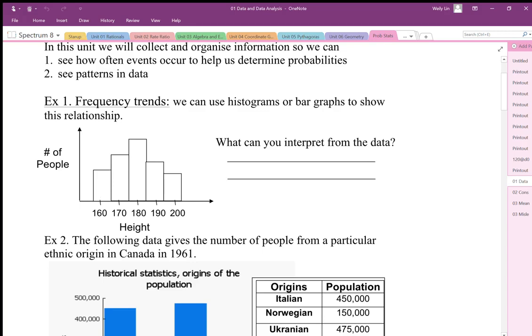So what can we interpret about this data? Okay, so what we can interpret is basically that there are more people in the middle, or more people of what we would call kind of average height.